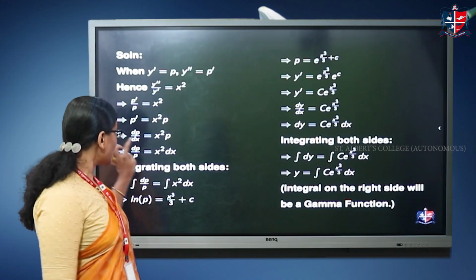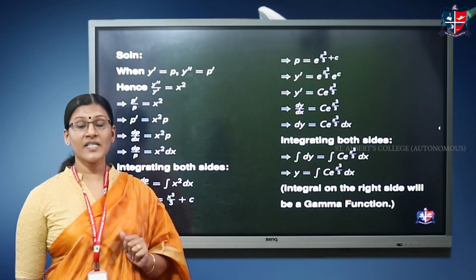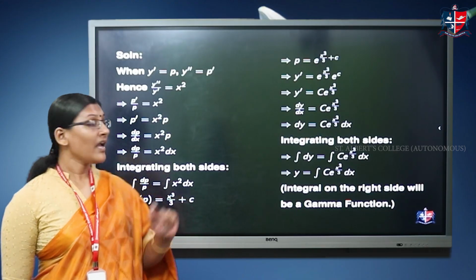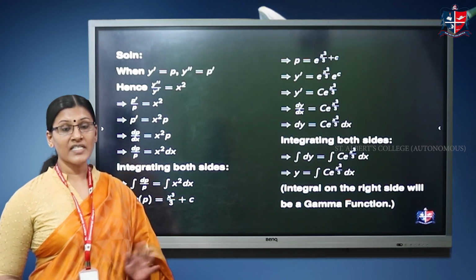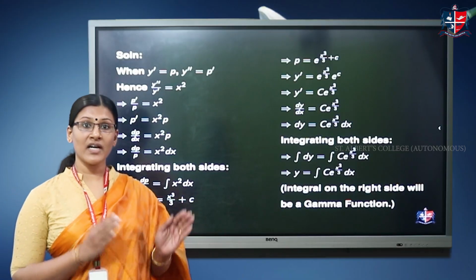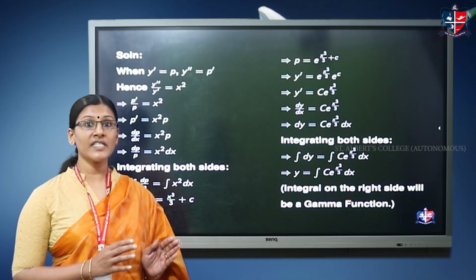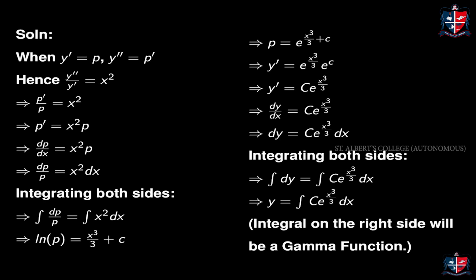For this equation, we will use the technique that we know, that is separation of variables. We will try to separate the variables p and x. We will bring all the terms in p to one side of the equal sign and all the terms in x to the other side. For that, we take dx to the right hand side and p to the left hand side. So we get dp by p equal to x square dx.